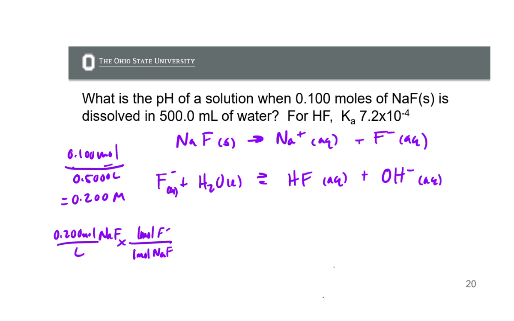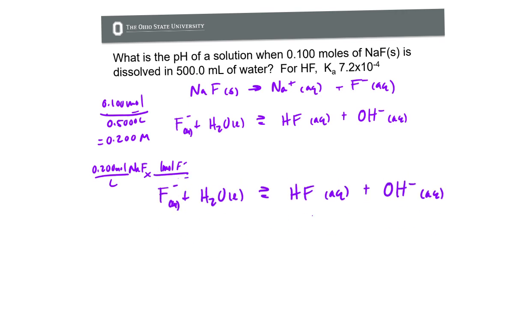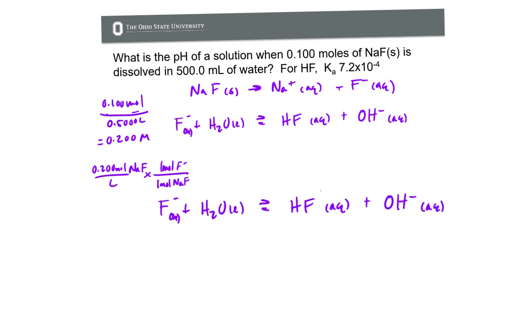You may need to double some things. So anyway, we end up with 0.2 moles per liter of F minus in solution. All right. So I'm just rewriting that because my dimensional analysis got in the way.